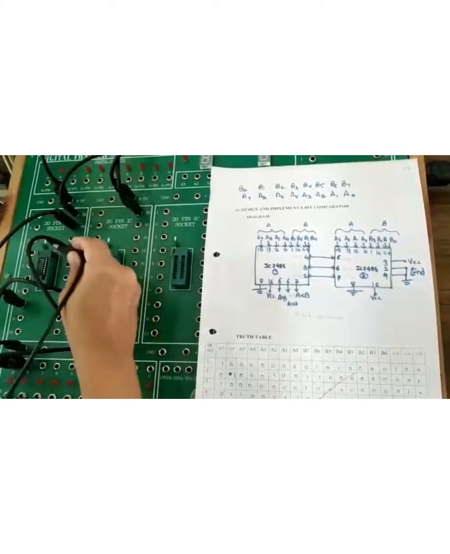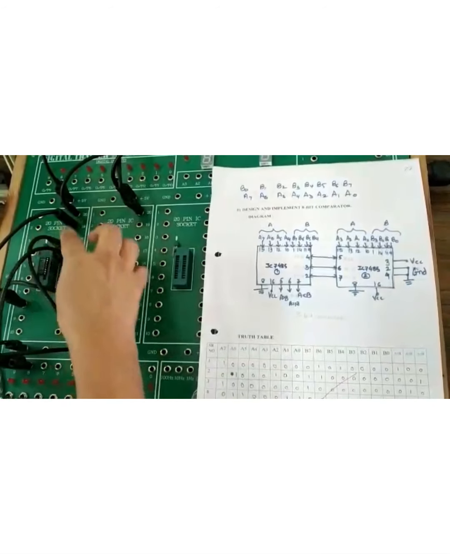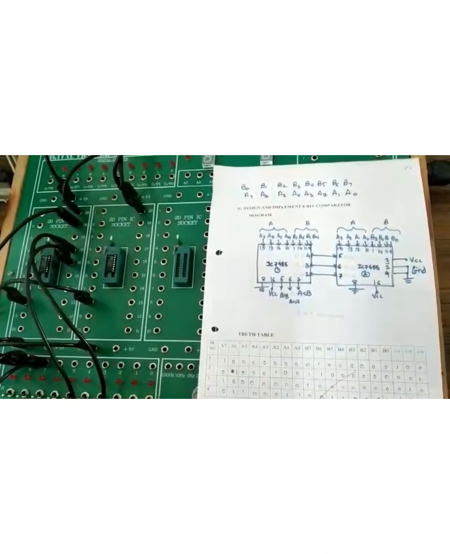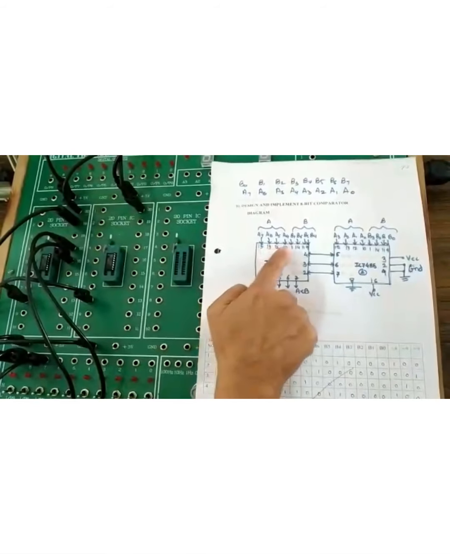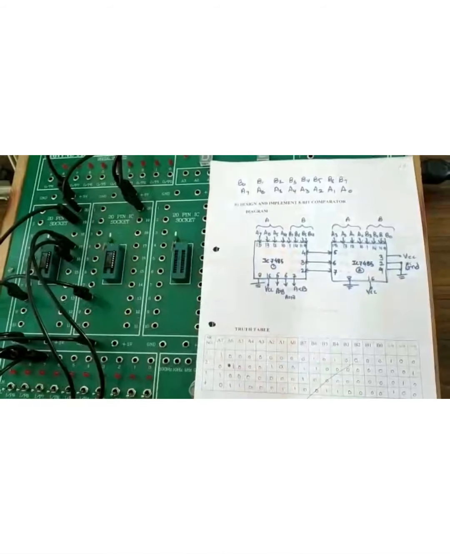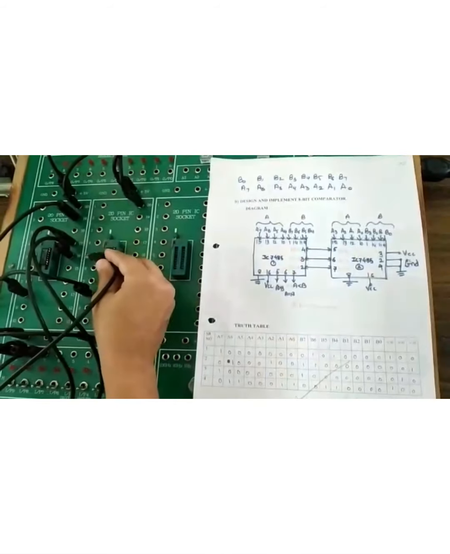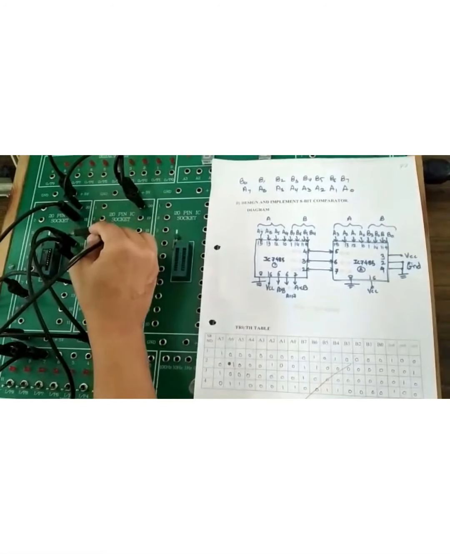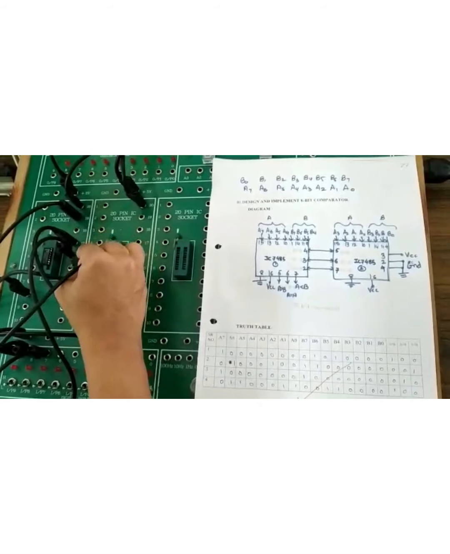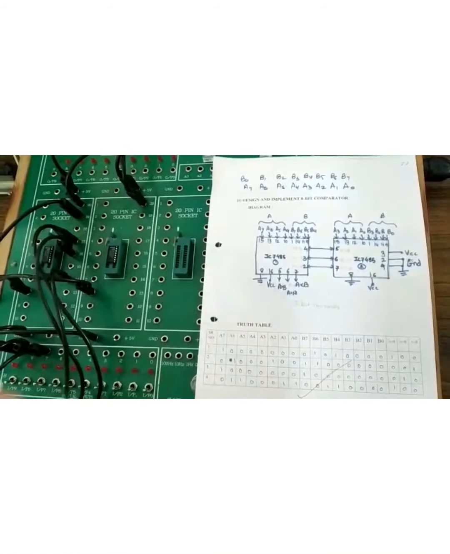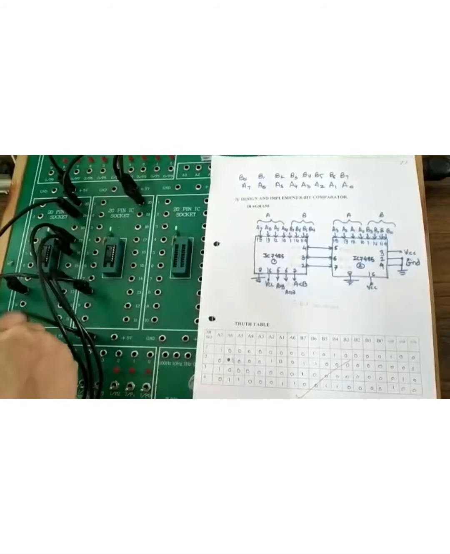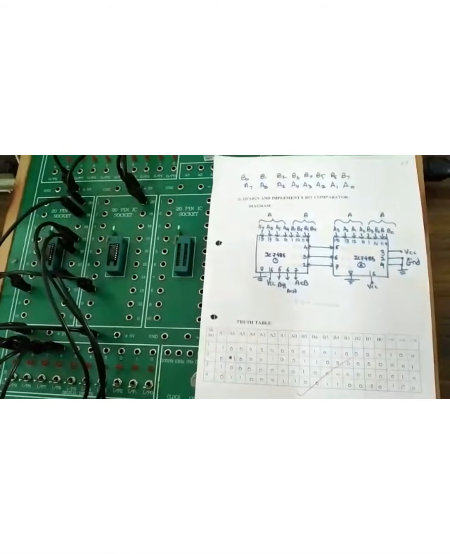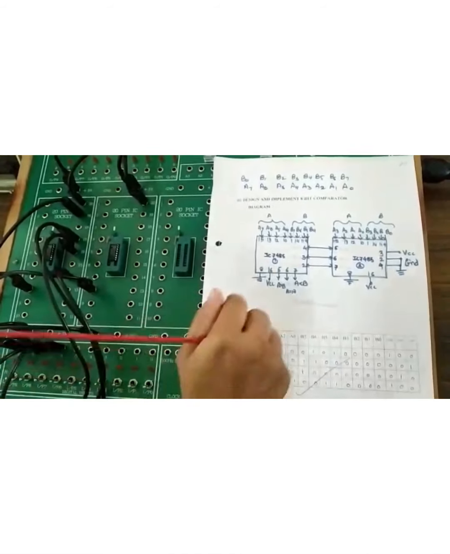Then pin number 12 is connected next as A5. Then pin number 10 is connected as A4. So this is 16, 15, 14, 13, 12, 11 and pin number 10, so connected as A4.